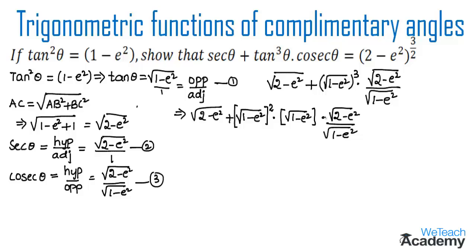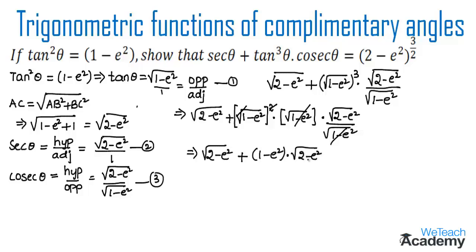So here let us simplify this. The square roots get cancelled, and under root 1 minus E square in the numerator and 1 minus E square in the denominator get cancelled. So that implies we get under root 2 minus E square plus 1 minus E square into under root 2 minus E square.